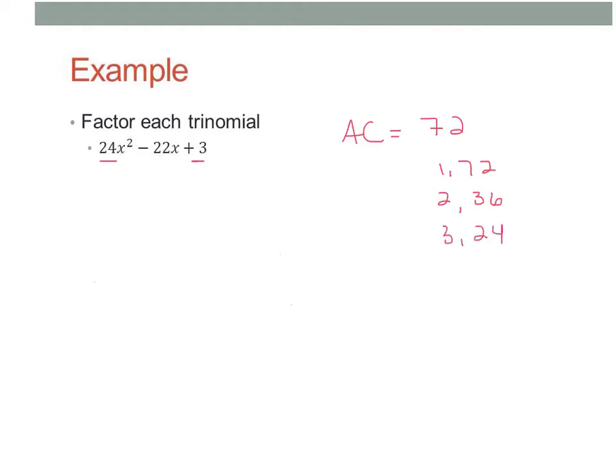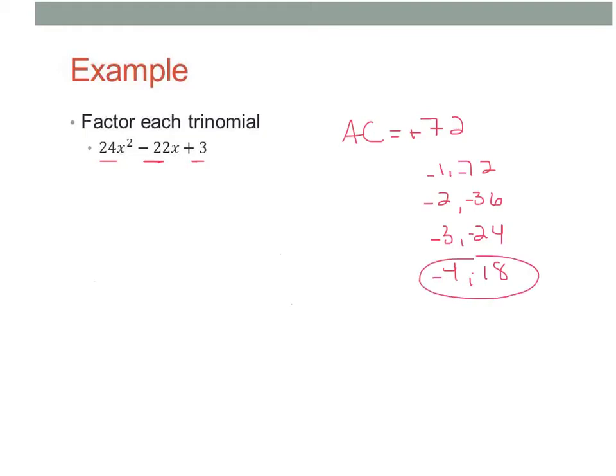That's what we multiplied to get there. 4 and 18. And you need to just go far enough until you can make a 22 out of it. And the fact that this is a positive 72, but it's a negative 22, they're both going to be negative, so I could just put in negatives here. And so I think we got one, negative 4 and negative 18.